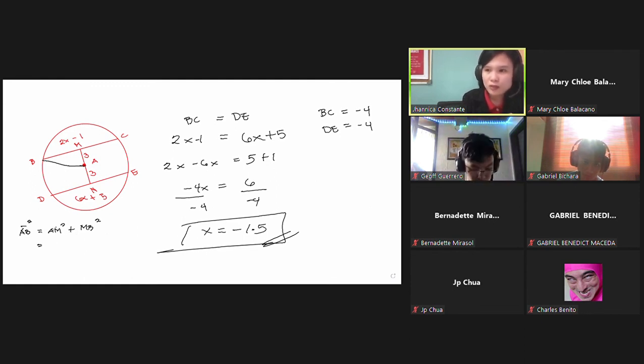So the measurement of AM is equal to 3 squared, plus the line segment MB. MB is half of the chord BC. So since it's half of chord BC, which has a measurement of -4, then the measurement of this line segment MB is equal to -2.